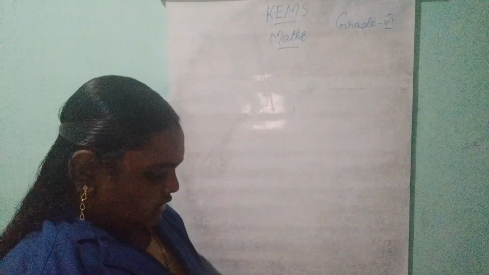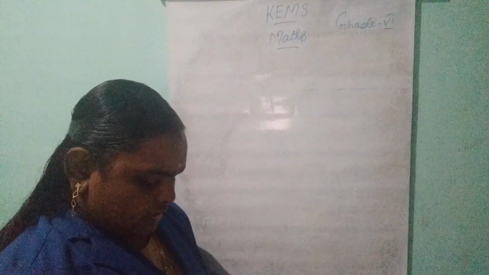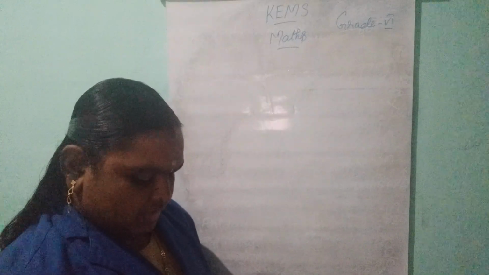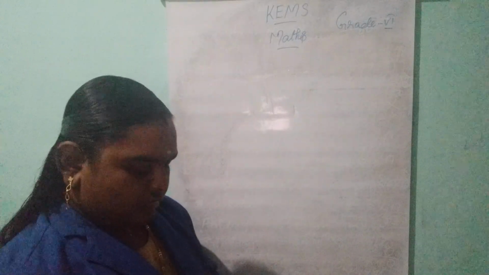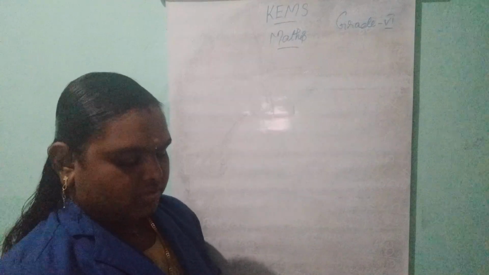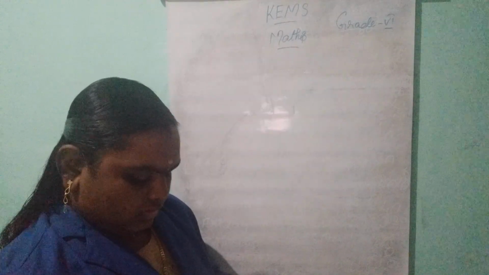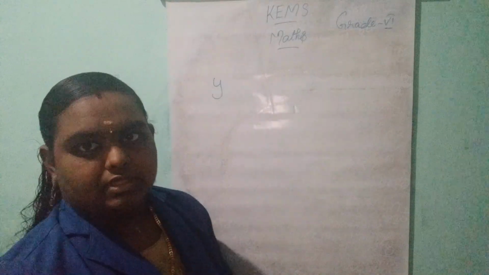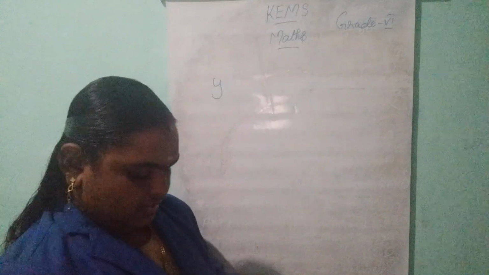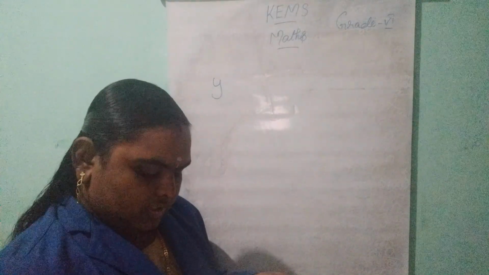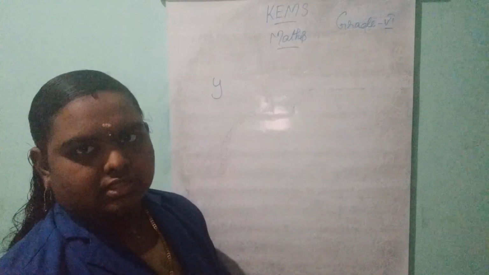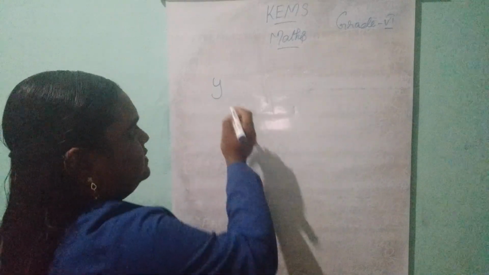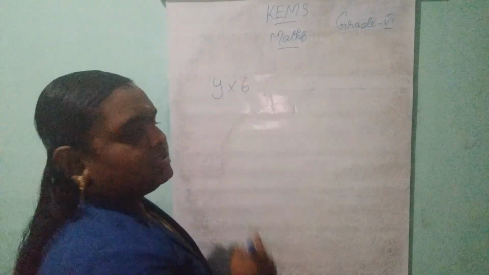Then the next one: Sarida's grandfather's age is 6 times her age. What is the grandfather's age? Sarida's age is Y years. Her grandfather's age is 6 times her age, so 6 times means multiplying by 6.